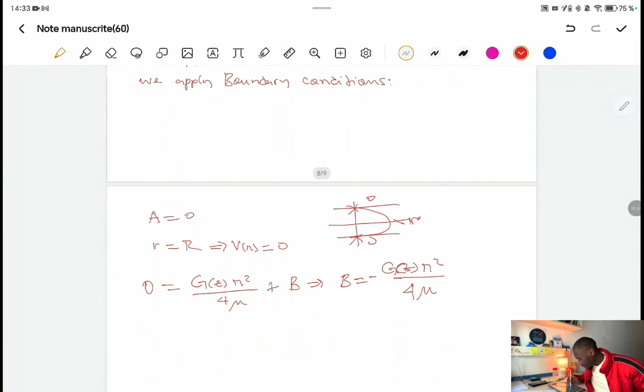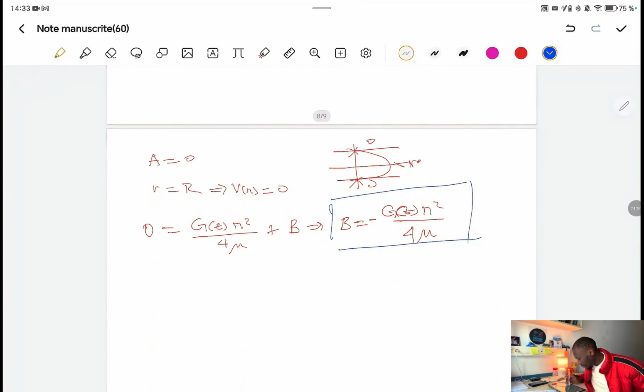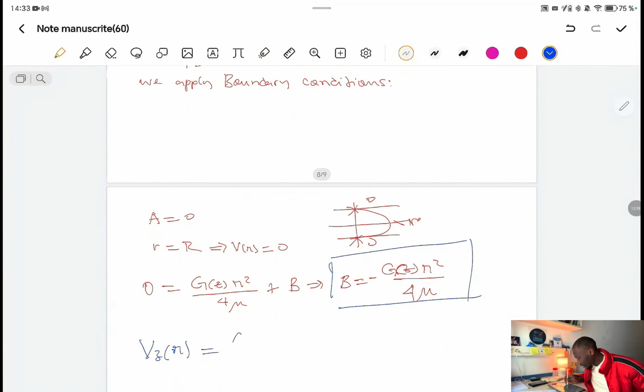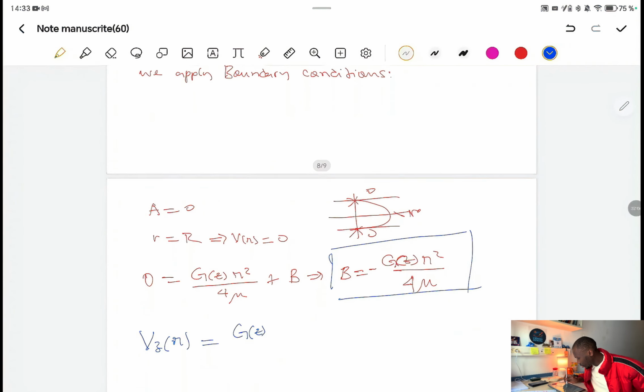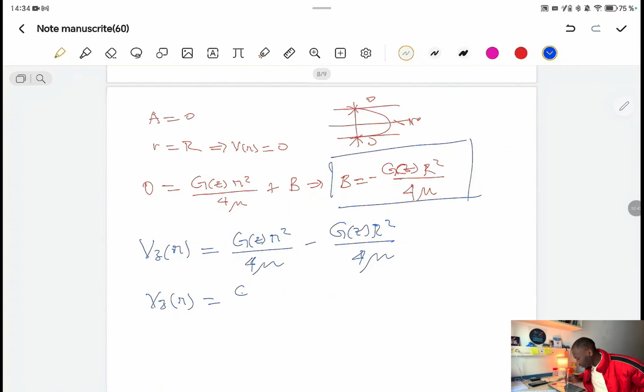From this, the speed profile is given by uz of r equal to gz over 4 mu times r square minus capital R square.